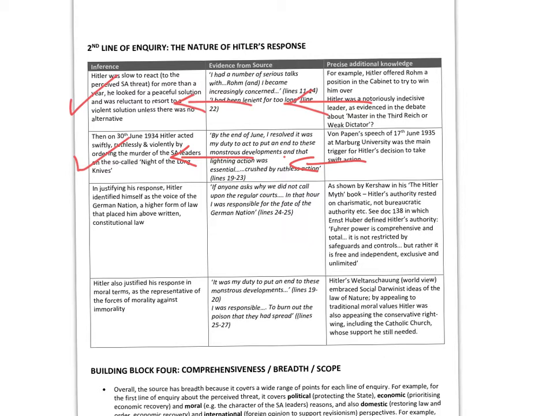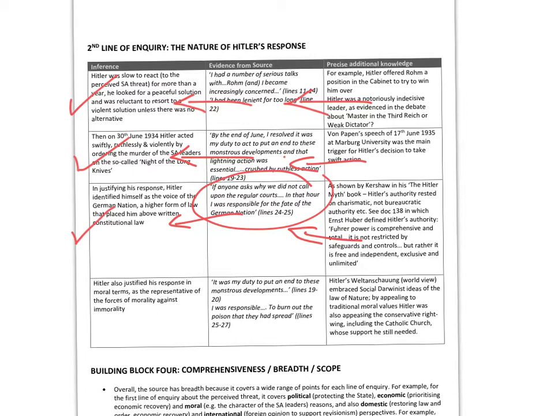We then said that another aspect of Hitler's response was he identified himself as the voice of the German nation, a higher form of law. Again, there is our quote that leads to the inference, and there's the additional knowledge that you could bring in to show you know something about it.